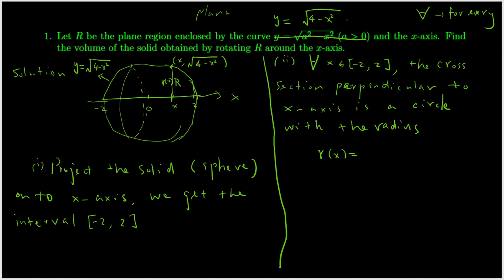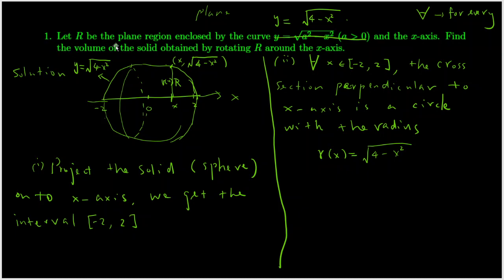The radius is square root of 4 minus x squared. That's actually the key. As long as you have this, the whole thing should be easy to compute.